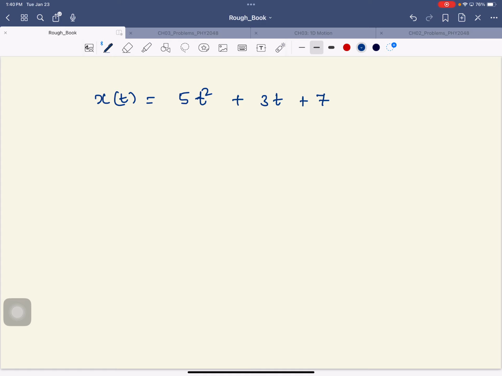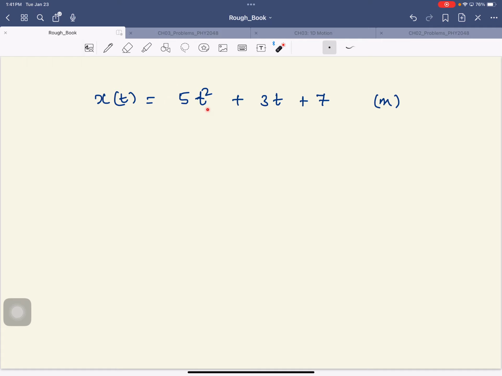Now let me also tell you another thing while we're at it. A lot of times I don't write units just because it gets messy. Here is position, the SI units for position. We're measuring distances from the origin in meters.